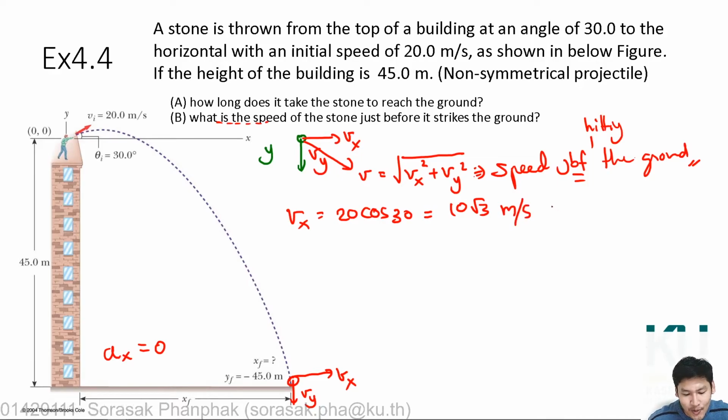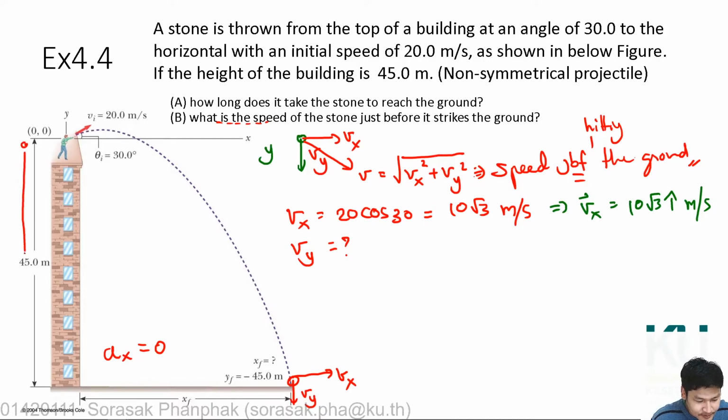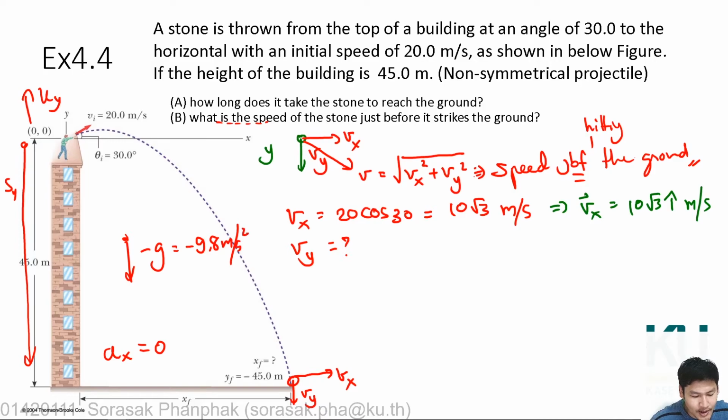If you write it as a vector, it can be Vx equal to 10 root 3 in the i direction, like this. So now our job is to find Vy. How to find the Vy? We know the displacement, we know the initial velocity, which is uy, and we know the acceleration, minus g, equal to minus 9.8 meters per second square.